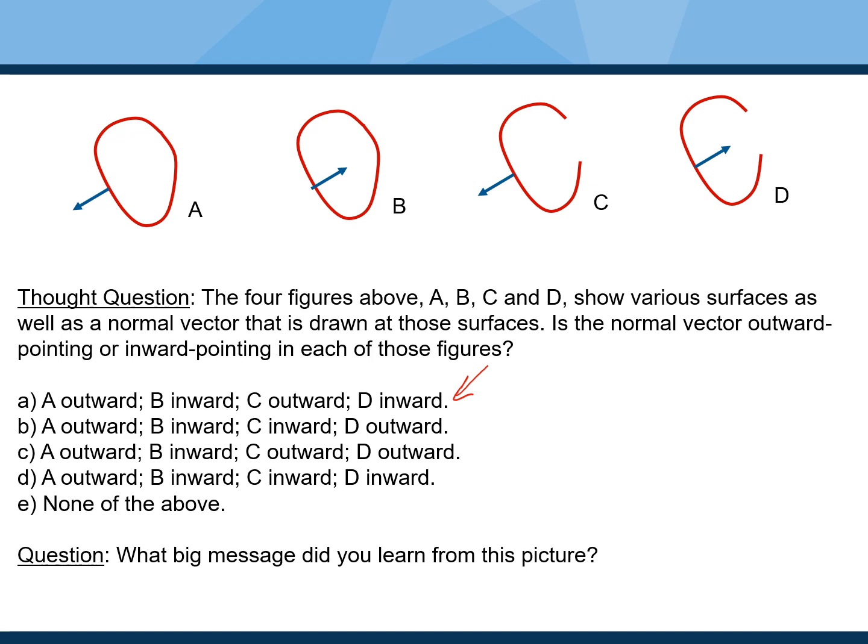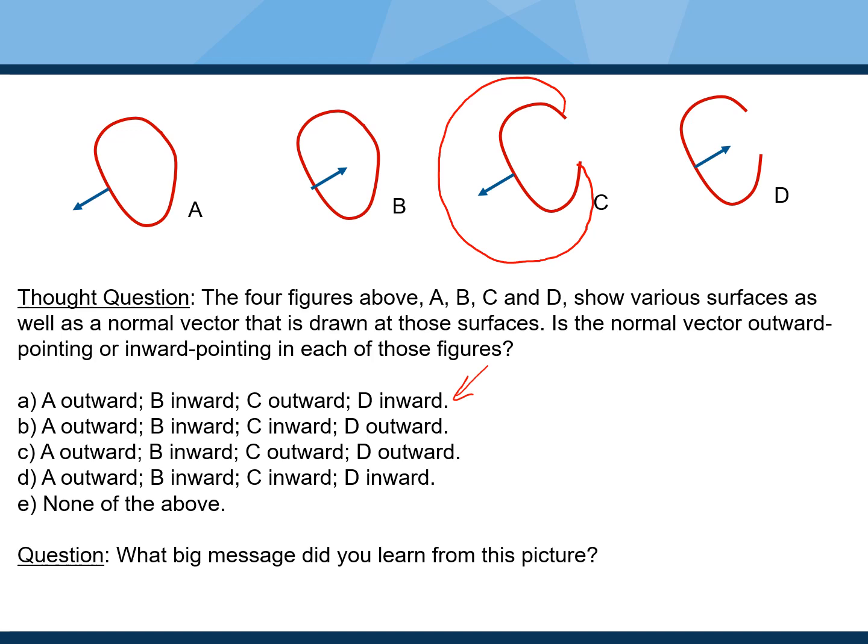But is that really true? Now look at this. I could complete this surface by drawing it like this, which makes the normal vector inward pointing rather than outward pointing.